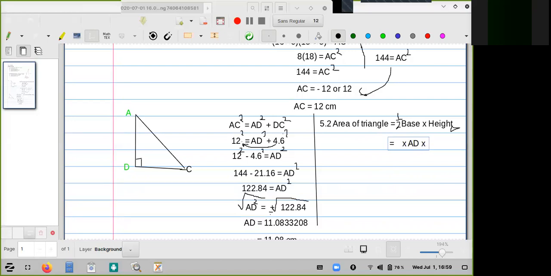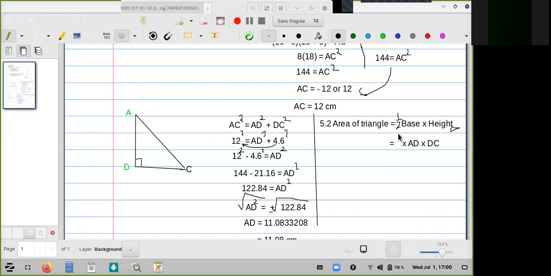Times height. My height is DC, right? Then from there, let me enter my half.